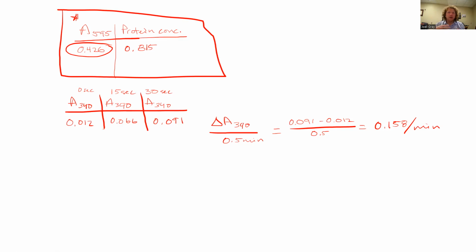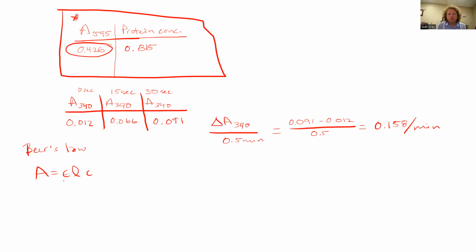is not extremely valuable. We have to correlate that change in absorbance to something valuable. And we use what's known as the Lambert-Beer law, or Beer's law, which has an equation that is A equals ELC.